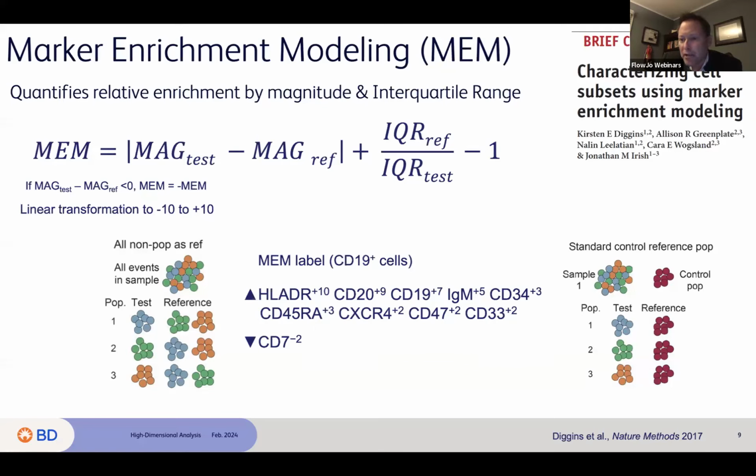I really like this approach for a couple of reasons. One, it is not dependent on you and I agreeing what some combination of parameter expression means. We don't have to agree that those are CD19 cells or B cells or some specific kind of B cell. The name is the name.